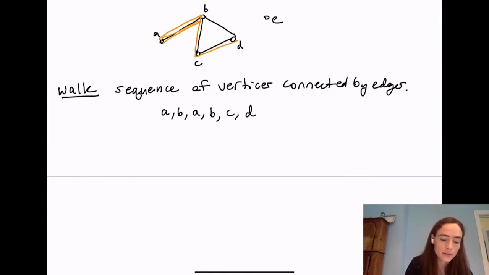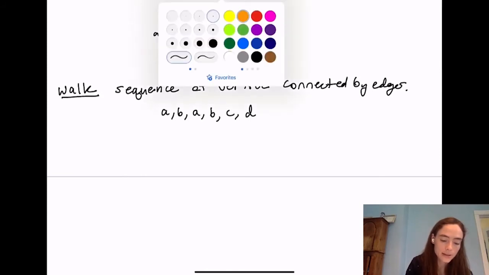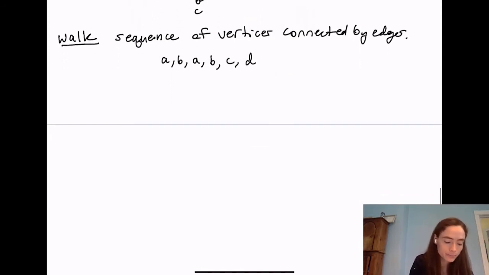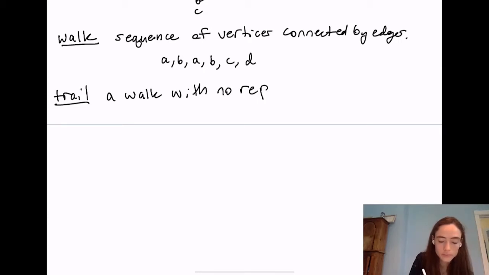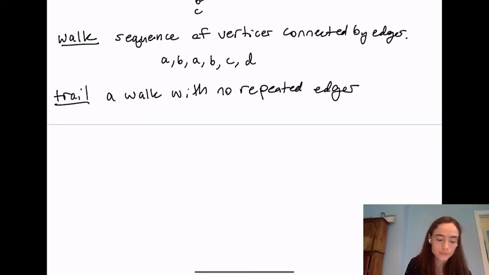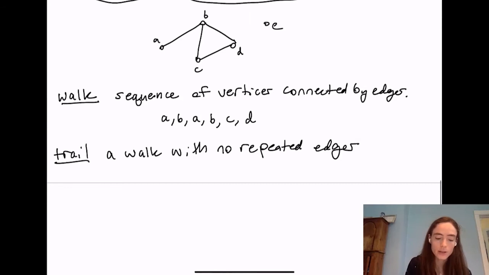Now, a trail is a walk with no repeated edges. So our previous definition of a walk, we repeated the edge AB several times, so it wouldn't count as a trail.